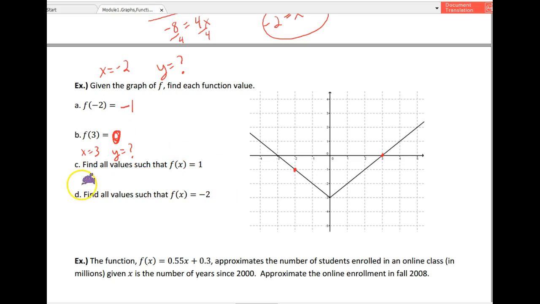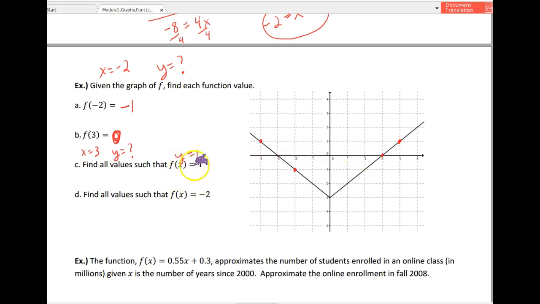Alright, these next two are saying, now, when y equals 1, what is x? So on the y-axis, I go up to 1. Now notice that I have a y value of 1 here, and a y value of 1 there. So there are two different y values that it could be.